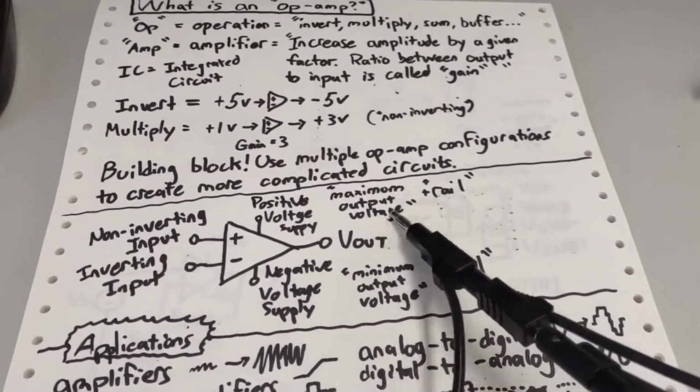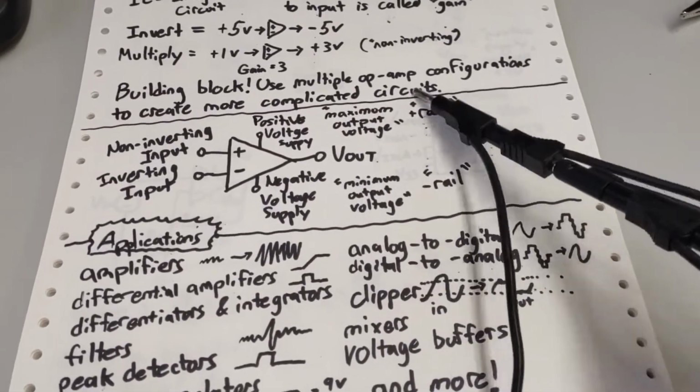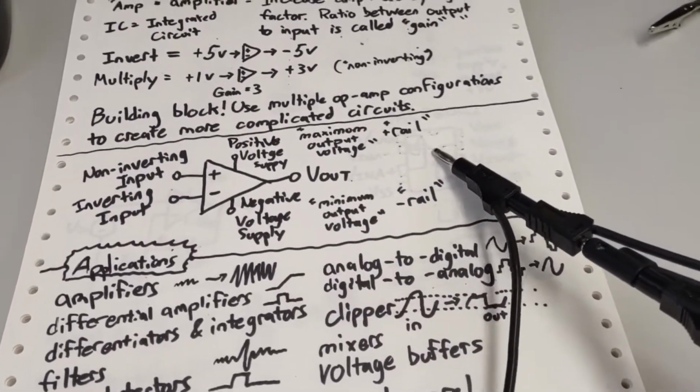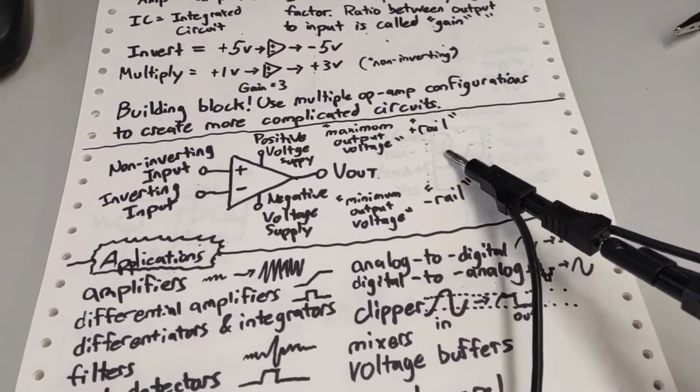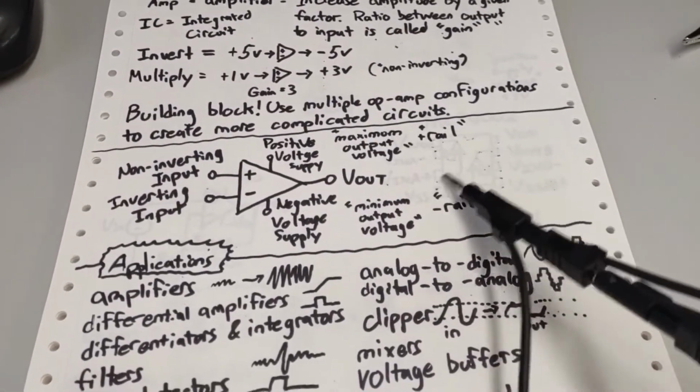You don't have enough power. They would also be called like the ceiling. And another terminology in the audio world would be called headroom of your amplifier. You do not have enough voltage to accurately recreate the amplified signal.